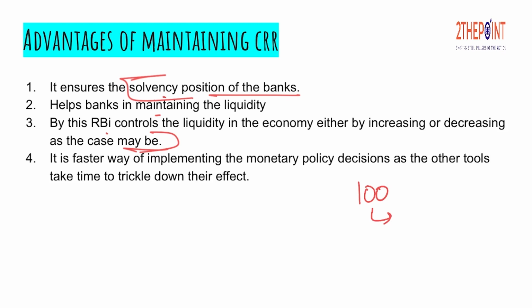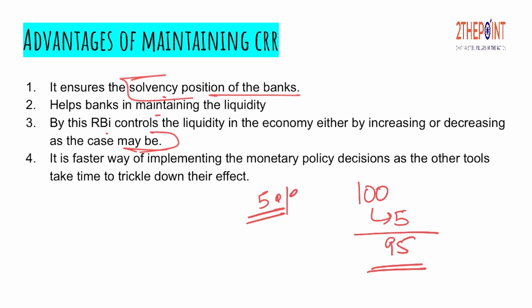So for example, if we take the prevailing ratio as 5%, 100 rupees is coming, 5% has to be maintained, so 5 rupees gets separated, and 95 is the amount that the bank can lend as a loan.